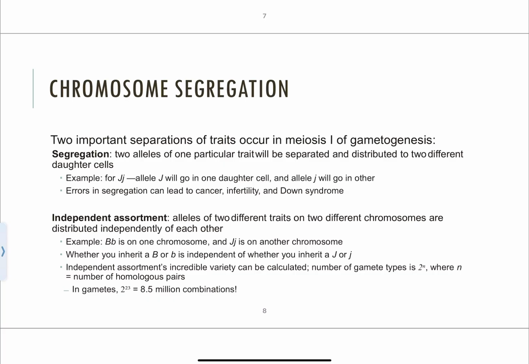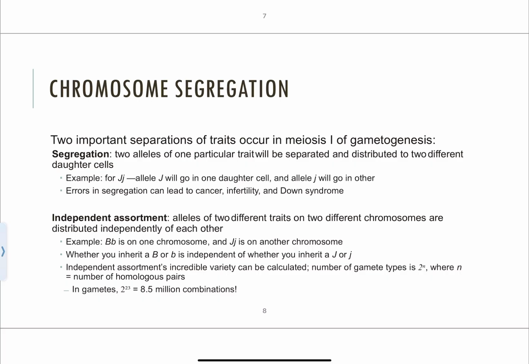So for example, if we had alleles, capital J and lowercase j, one of the alleles would go to one cell, and the other allele will go to another daughter cell. So one of the daughter cells would get the capital or the dominant allele, and the other daughter cell would get the lowercase or recessive allele. So this is what we refer to as segregation when we're dividing up these alleles.